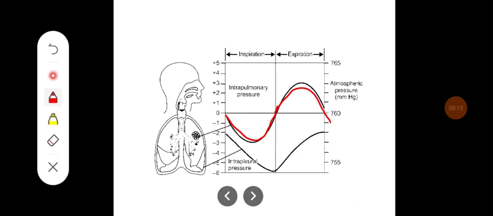But the intrapleural pressure is going to become more negative during inspiration, and it reaches -6 mm Hg at the end of inspiration, and again during expiration the intrapleural pressure becomes less negative, and at the end of expiration again it reaches -2 mm of Hg.